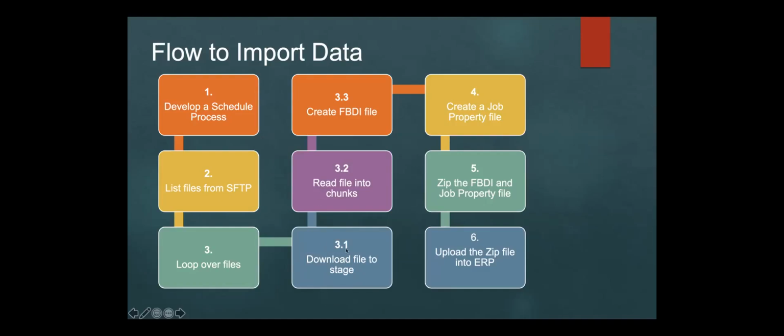And then once your file is downloaded, you can read the file in chunks and create the FBDI file via the format. Once your file is created, you can go ahead and create a job property file. And your FBDI file is ready, your job file is ready.